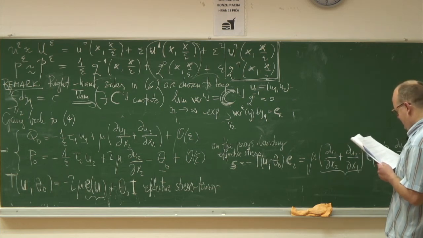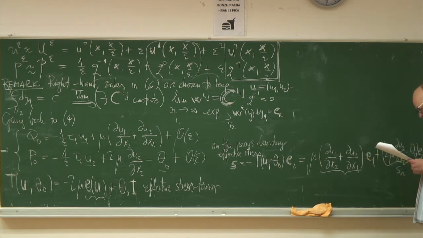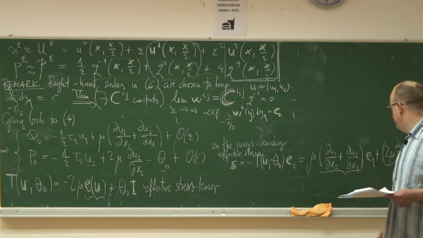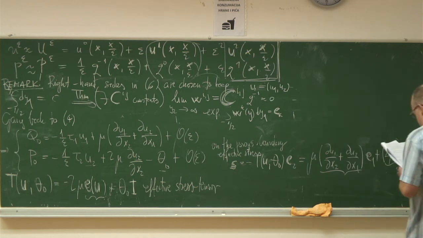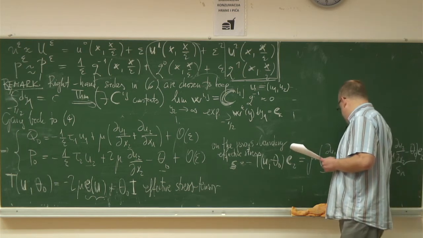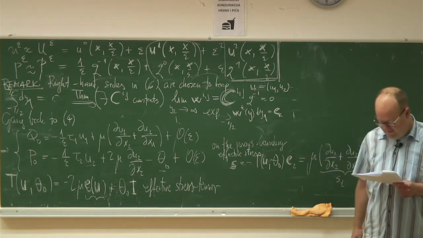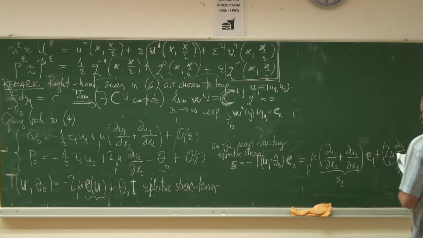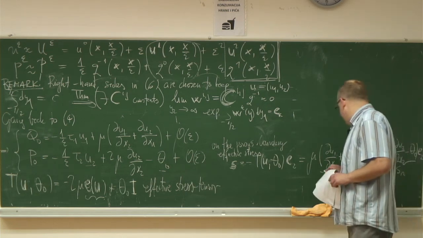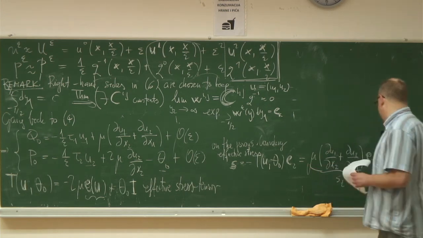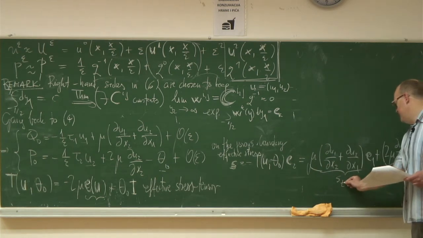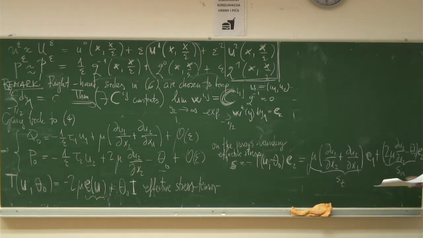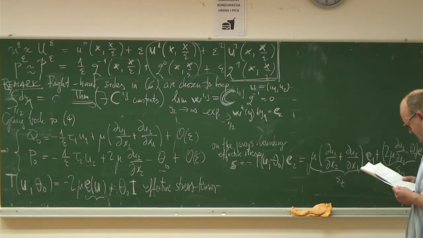So this component is tangential part, denoted by ST, and this component here is the normal part, denoted by SN.